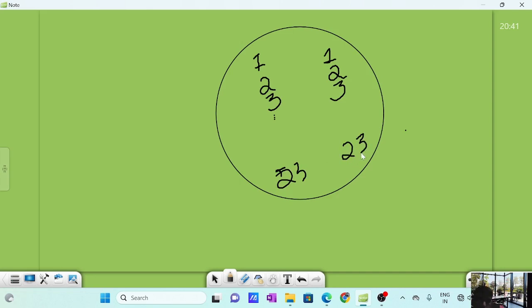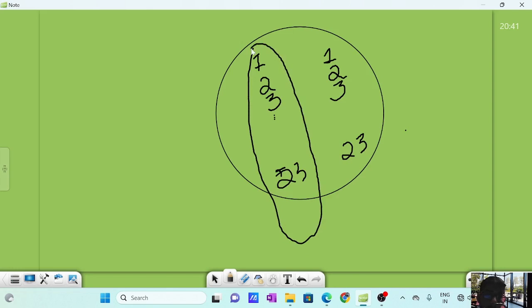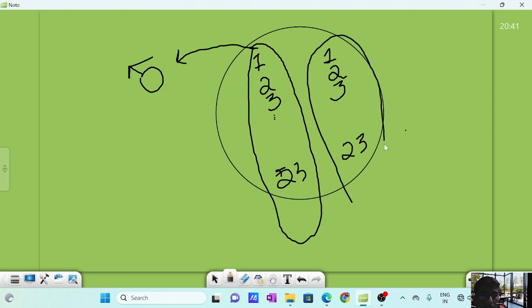So we have a set of chromosomes, and this set has been contributed by one of your parents, and this other set of chromosomes has been contributed by your other parent, which is your mother, maybe, right?